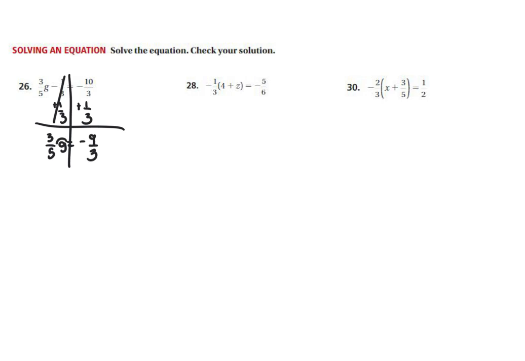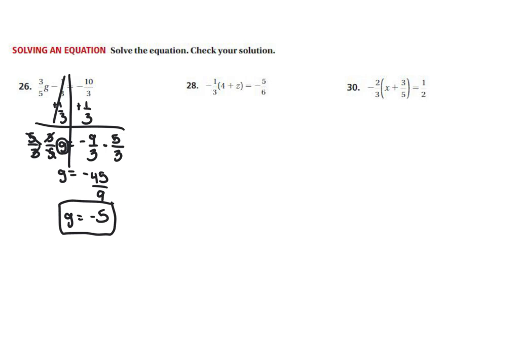And to get g by itself, we'll multiply by the reciprocal. 5 over 5 is 1. 3 over 3 is 1, so we're just left with that g. And now the other side must be multiplied by the same thing, 5 over 3. So we get negative 45/9, or g equals negative 5.